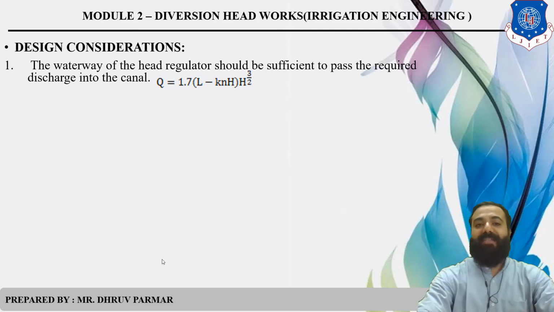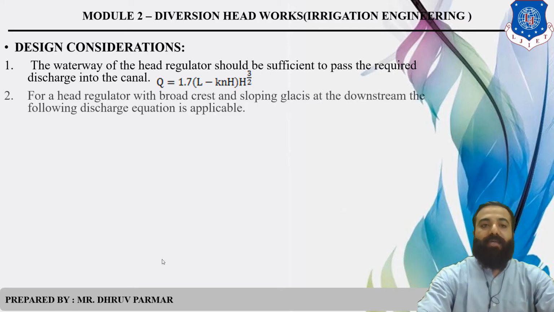So how can you find the discharge? The formula is Q equals 1.7 into (L minus K N H) into H raised to 3 by 2. So what is H? What is K? What is N? K is the coefficient of contraction, N means number of contractions, H means head, and L means length of span.